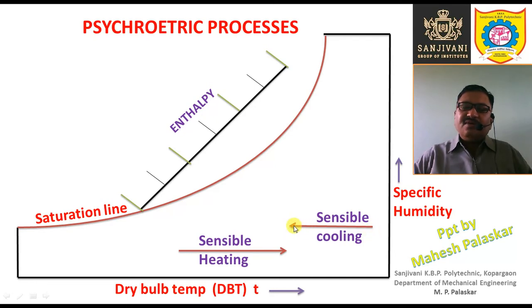There is no change in the specific humidity or the humidity ratio, right? But the sensible heat is reduced, or the sensible enthalpy is reduced. So this is nothing but the sensible cooling process in which the dry bulb temperature is reduced but the specific humidity doesn't change.